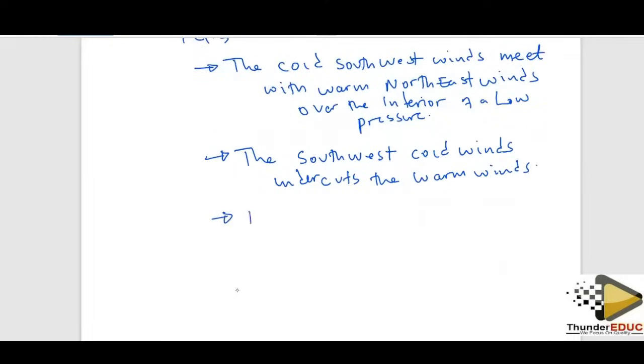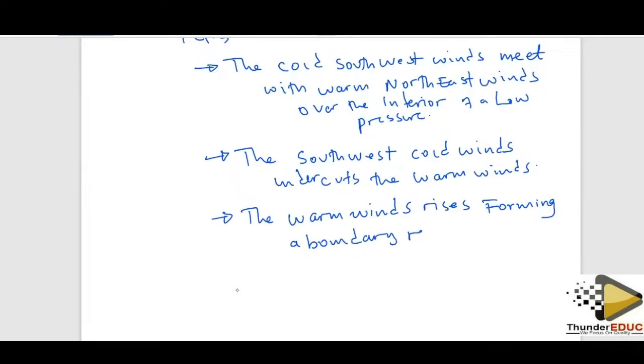Then we proceed and say the warm winds rise. The warm winds rise, forming a boundary referred to as a moisture front. I'll go show this again on the diagram.